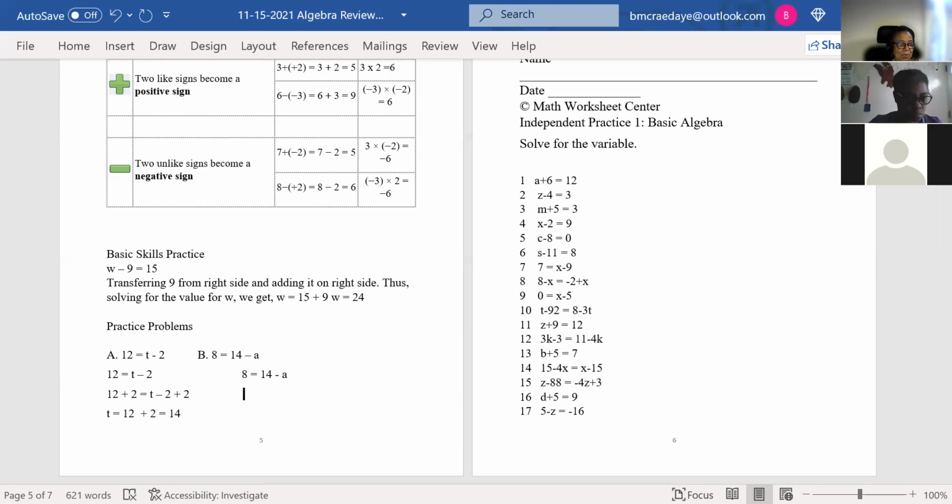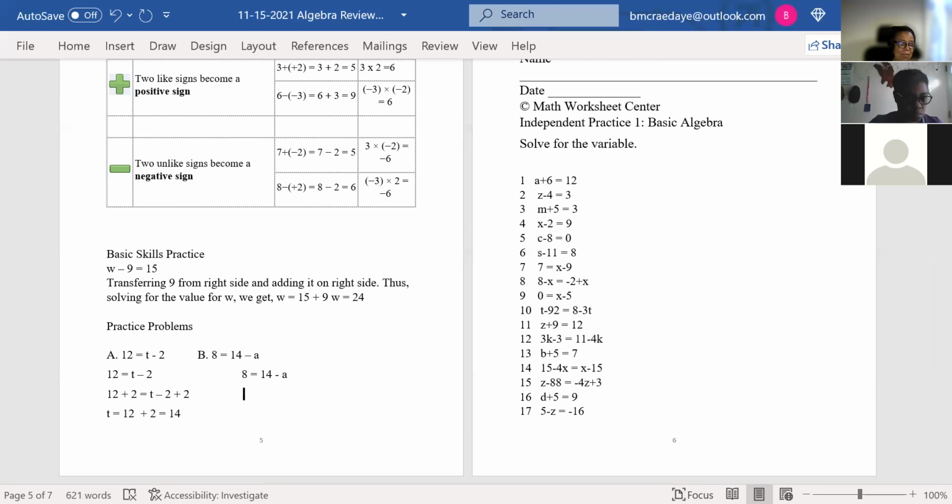A would be 7. A is 7. 14 minus 7 is equal to what? 14 minus 7. 7.